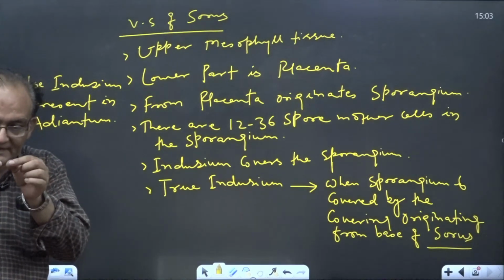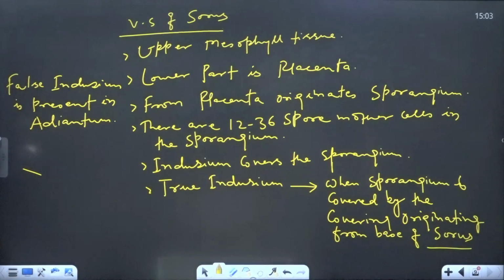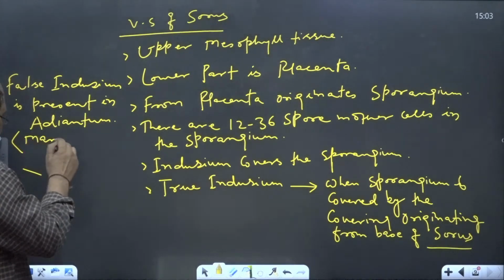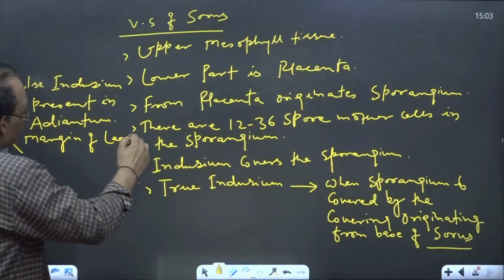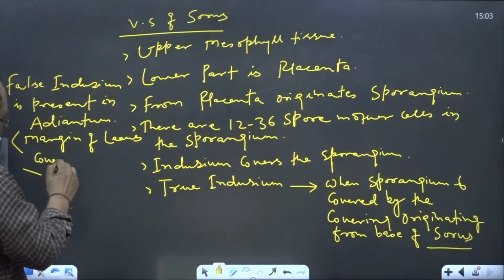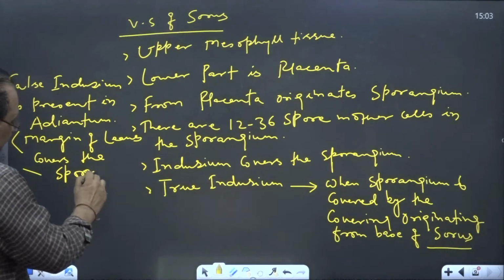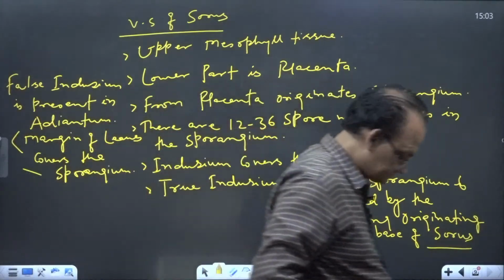If it is originating from the base of sorus, then it is called true. Clear, na? So here you can write that margin of leaf covers the sporangium. Okay? Clear?